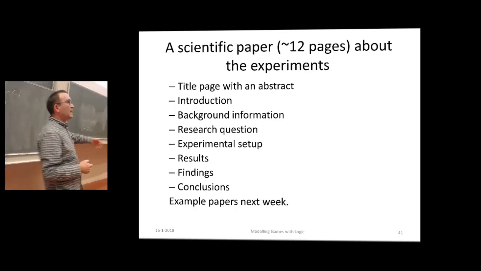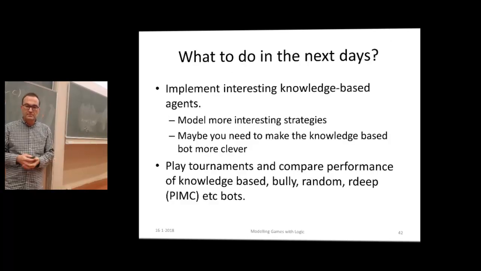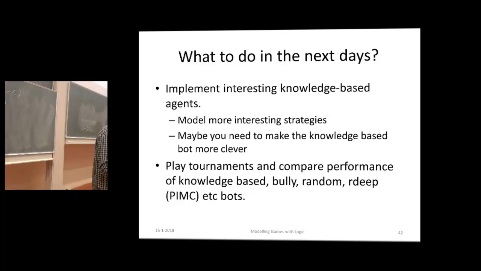And what you have to do, and I'll talk about this next week again, is write a standard research paper as you would submit it to a scientific conference, with all the bells and whistles, and in the required formats that we would use to submit to a proper conference. Before we can do that, of course, you need to implement as many different kinds of intelligent bots.